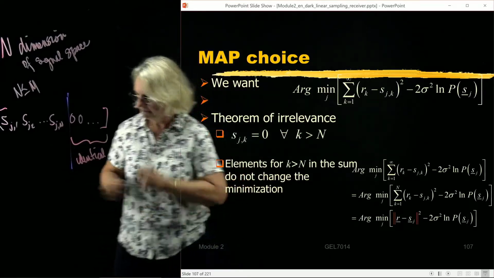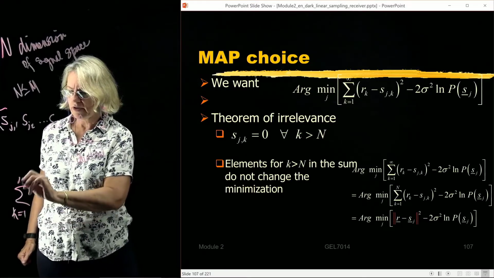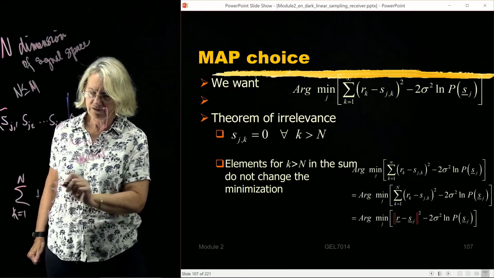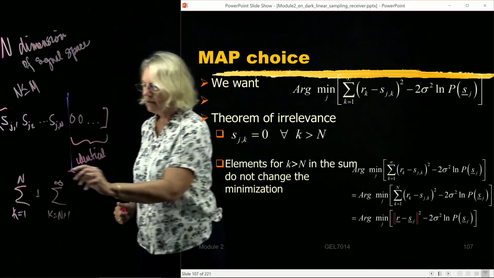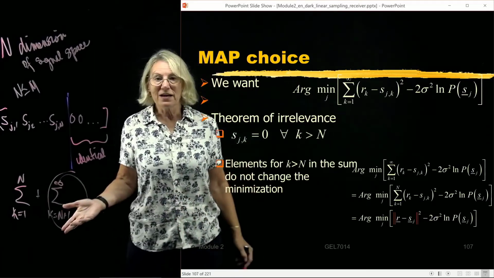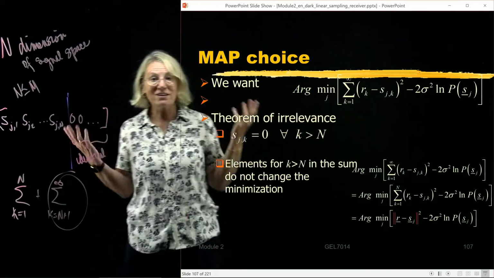The sum of k equaling 1 to n, and the sum of k equaling n plus 1 to infinity. And this one would be identical no matter which j I picked, so it's not going to change the minimization. It's irrelevant.